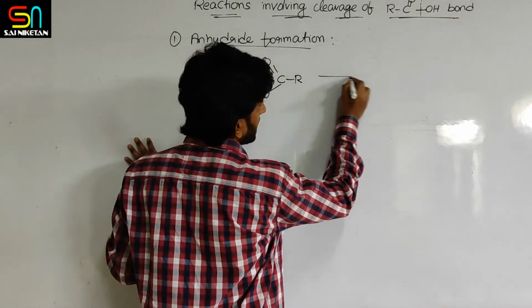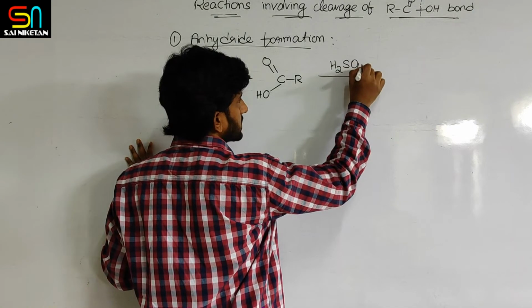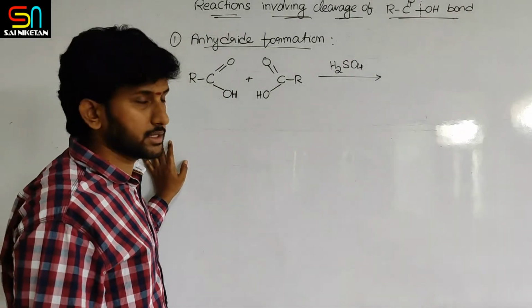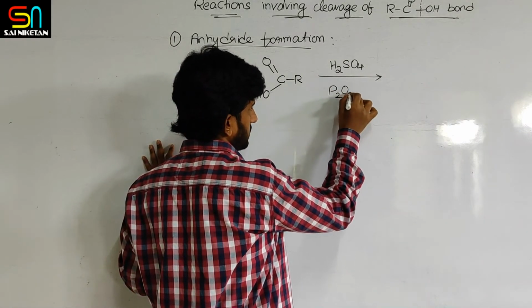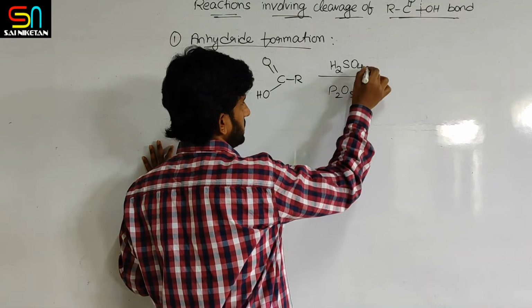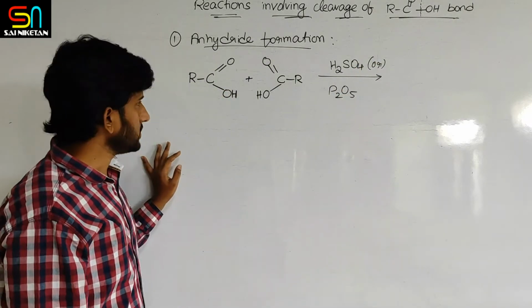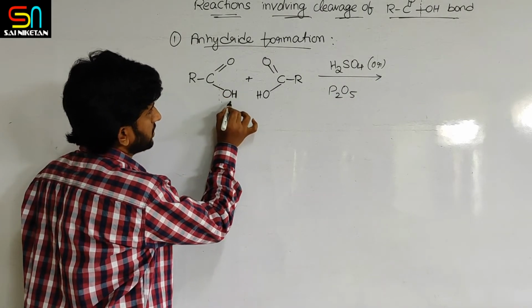Treating with some mineral acid, it may be H2SO4, HCl, any strong concentrated acid, or else you can also use dehydrating agents like P2O5. What will happen is, one molecule of water is lost.